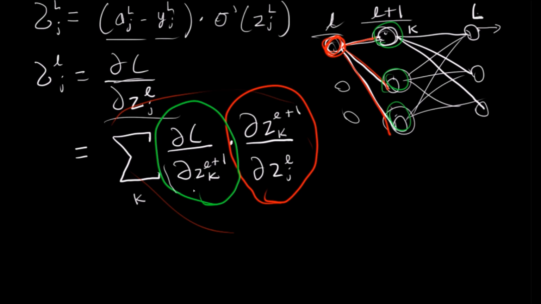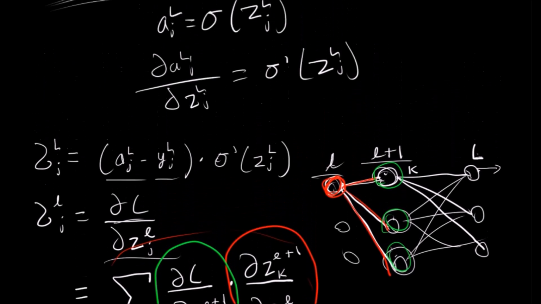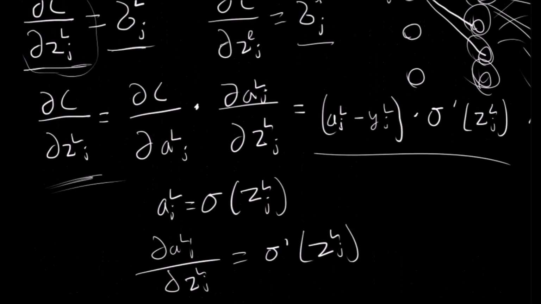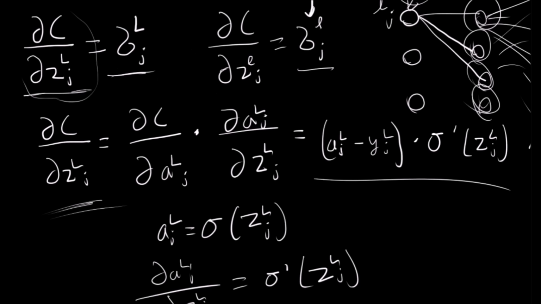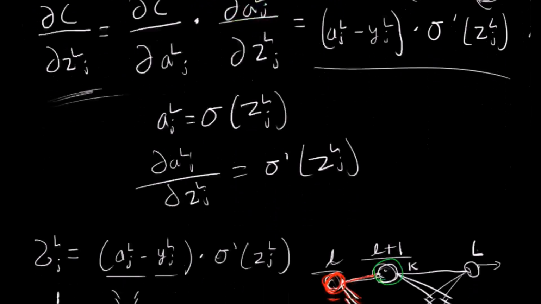What is this green expression here? Well, if we look back, this is just delta, because we defined earlier, let me see where it is, we defined delta as the change of the cost function with respect to a specific neuron Z_J^L.